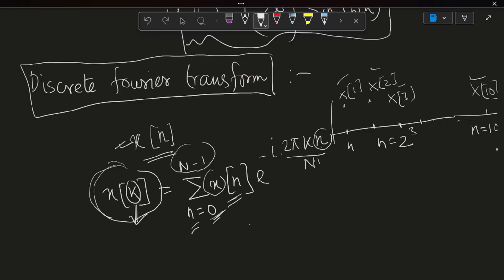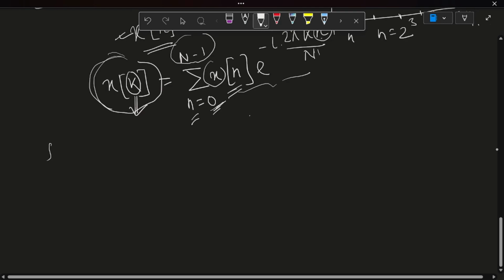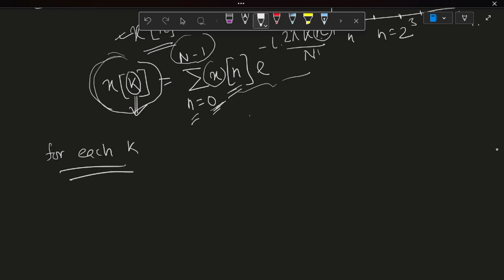So how many times do you have to perform this operation? Let us look at that carefully. For each k, we have to do the summation for N number of data points.